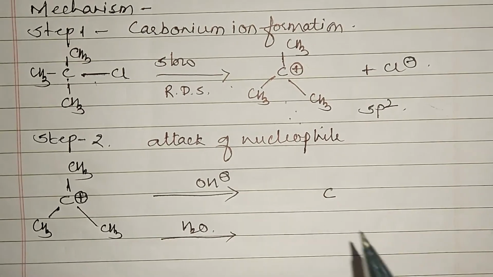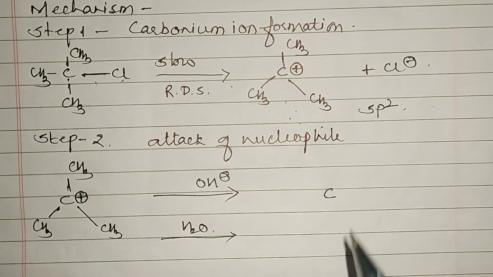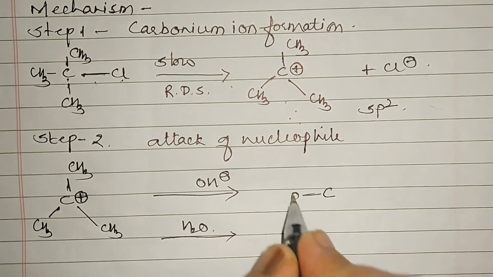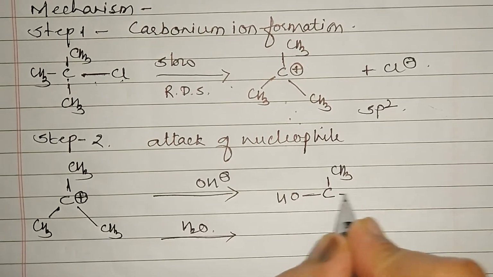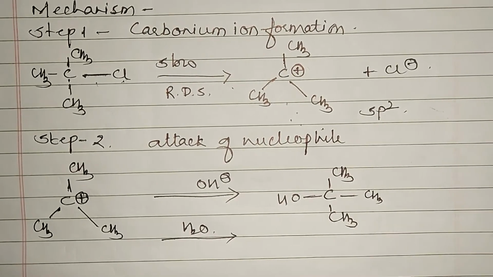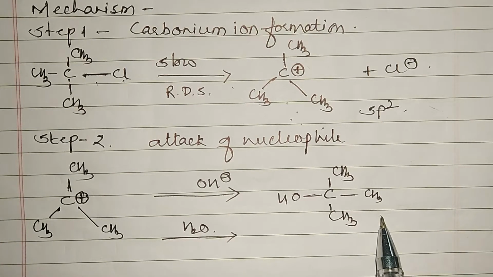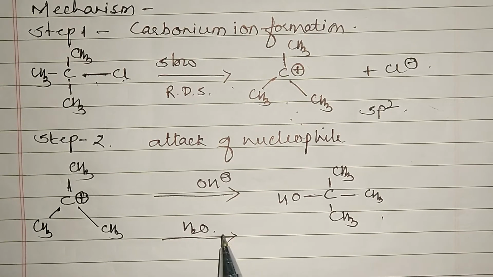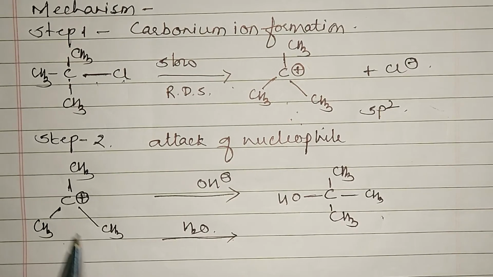Suppose OH attacks from the opposite side of this Cl negative, then we get OH, CH3, CH3 and CH3. This is hydrolysis and we get tertiary butyl alcohol. Suppose H2O reacts with this ion, then what will happen?